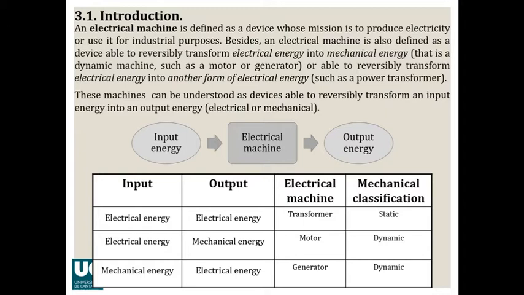So, for example, a transformer is an electrical machine whose input is an electrical energy and whose output is another electrical energy.